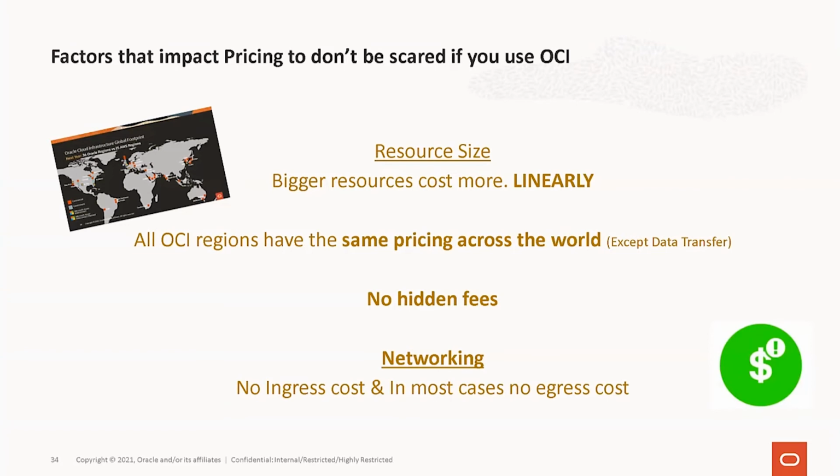All OCI regions have the same pricing across the world for almost all the services. We don't have hidden costs. And speaking about networking, we don't have ingress cost, and we eliminate the data transfer charge for egress in almost all situations.